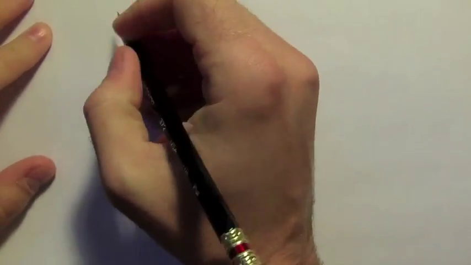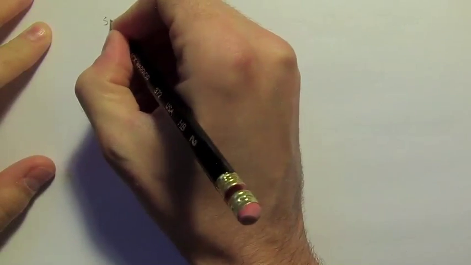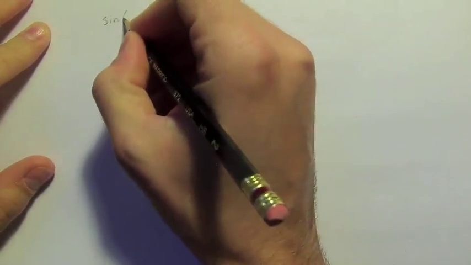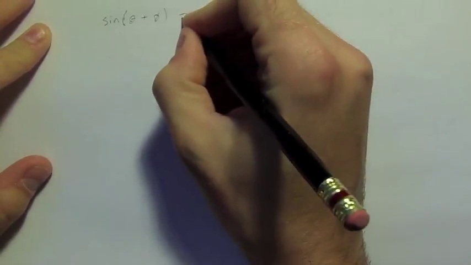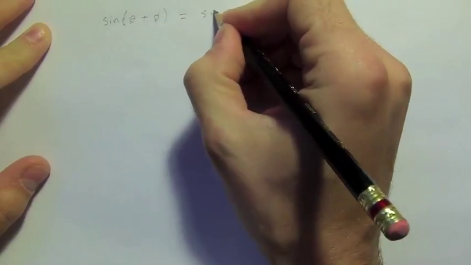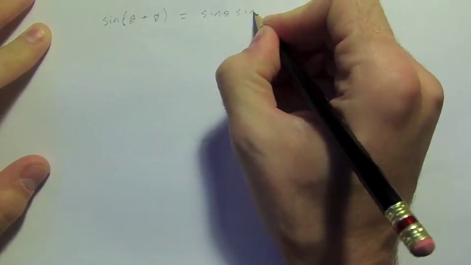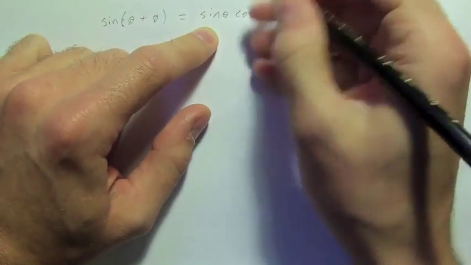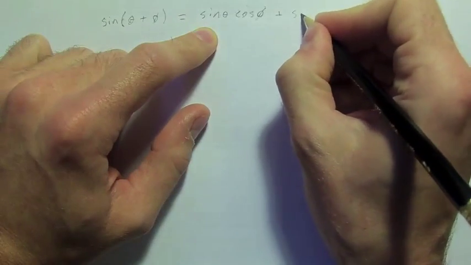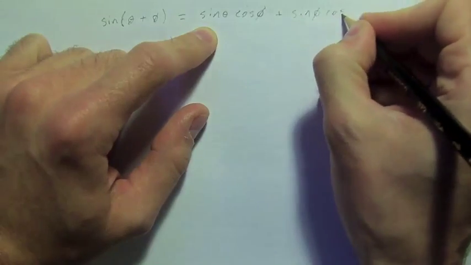Okay. Another thing we will actually need for finding the derivative of sine is this trig identity here, which says sine of theta plus phi breaks down into sine of theta cosine of phi plus sine of phi cosine theta.